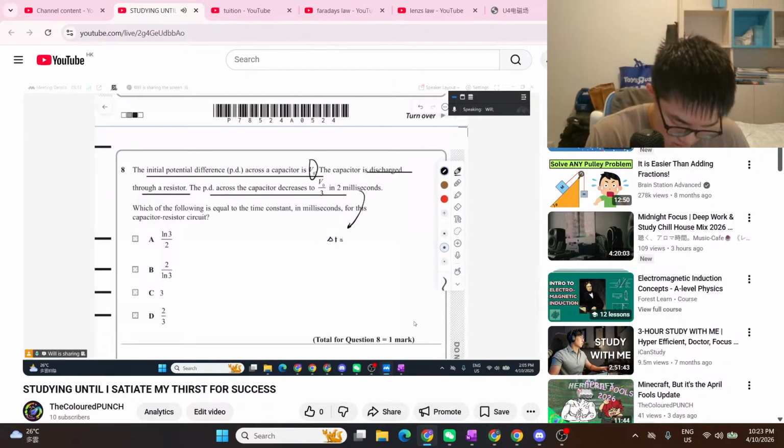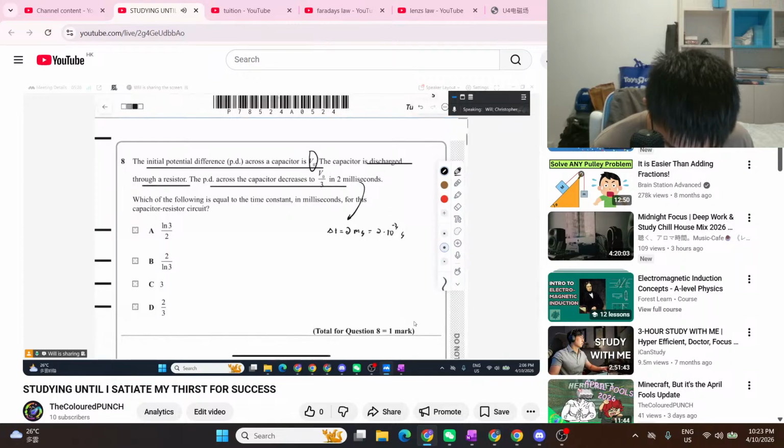The time interval, the time is what? It's 2 milliseconds, right? Which means 2 times 10 to the negative 3 second. And so the potential across the capacitor decreases to, what is it decreasing to? So the remaining potential is what?